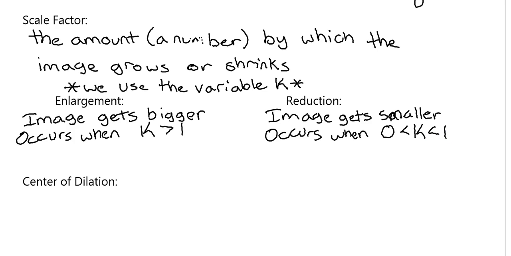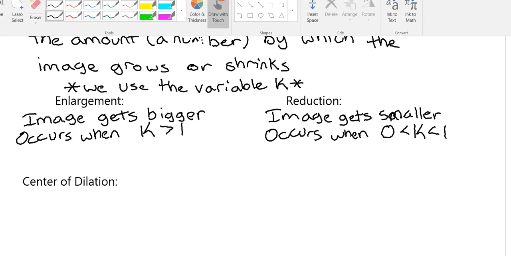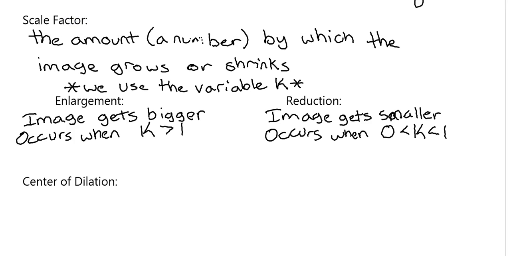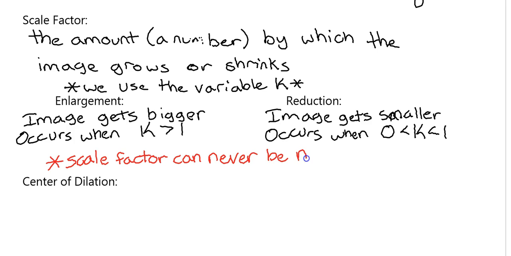All that really means is k has to be between 0 and 1 in order for it to be a reduction. One thing that's important to note is that my scale factor can never be negative. If it's bigger than 1 or between 0 and 1, it's either an enlargement or reduction, but it can never be less than 0.